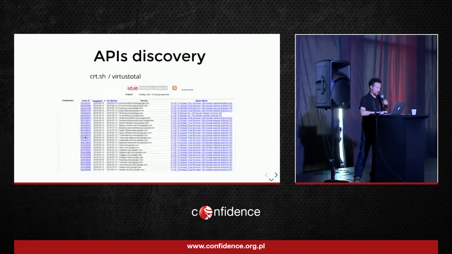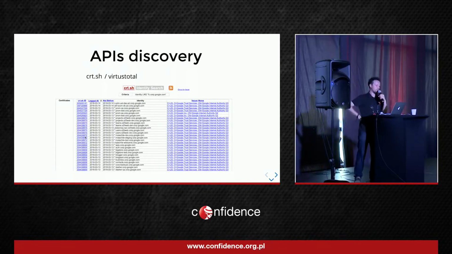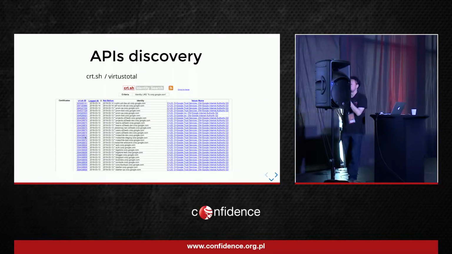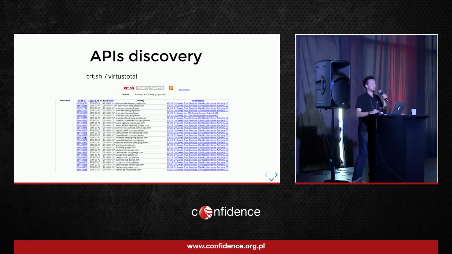All right, a couple of words about API discovery. How to locate different APIs in your infrastructure. First, I would recommend looking into this site, crt.sh. Do you know this site or not? Who knows this? Not too many people.